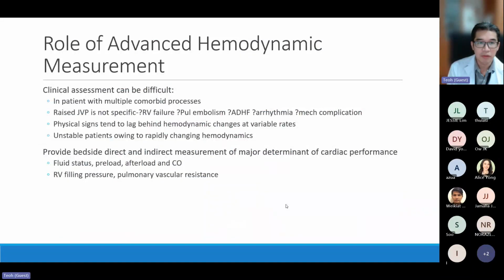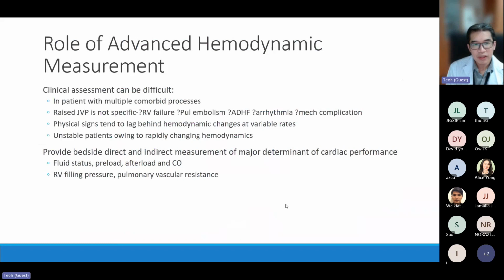It can mean a lot of things: either RV failure, pulmonary embolism, cardiac tamponade, left heart failure, or arrhythmia. So if a sign cannot tell you the underlying cause, of course, you can't treat the patient without knowing the underlying cause.